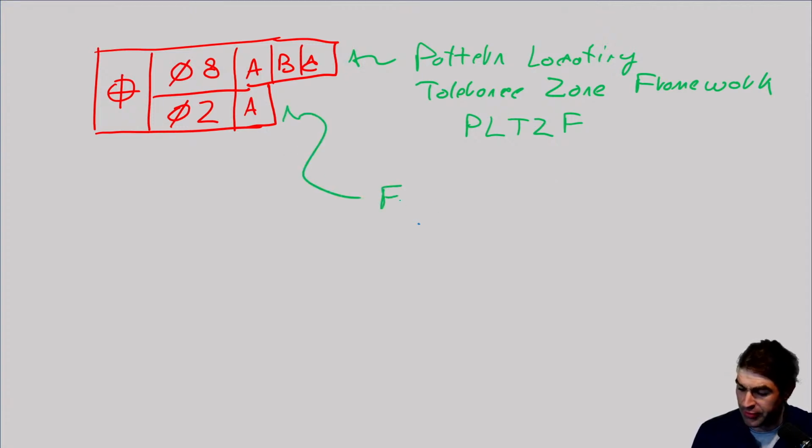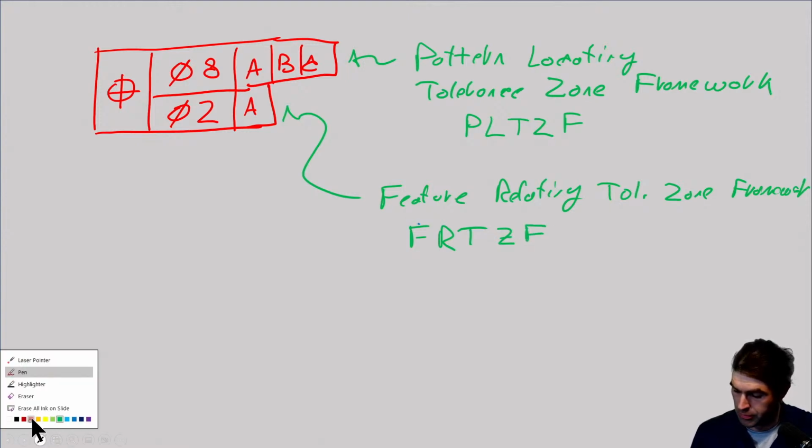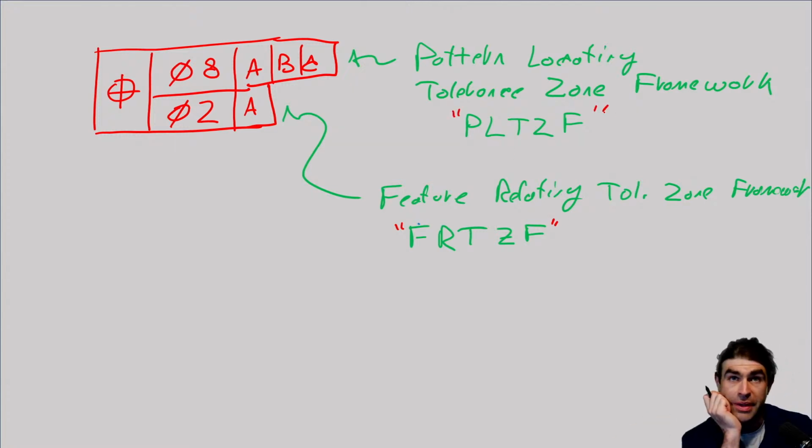The bottom one is known as the Feature Relating Tolerance Zone Framework. Y14.5, I forgot about 2018. I know 2009.